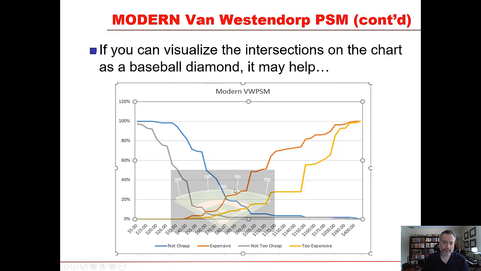And so I've done a little picture here with a little baseball diamond. If you look at these intersecting lines, whenever I see this, I see the baseball diamond. It's this little shape here, which may or may not be very diamond-like, but it will always have a high point, a low point, a left point, and a right point. I will refer to these by their placement on the baseball diamond.